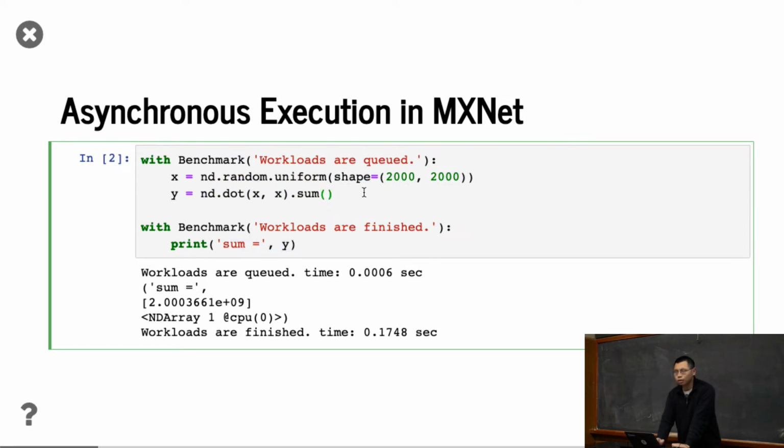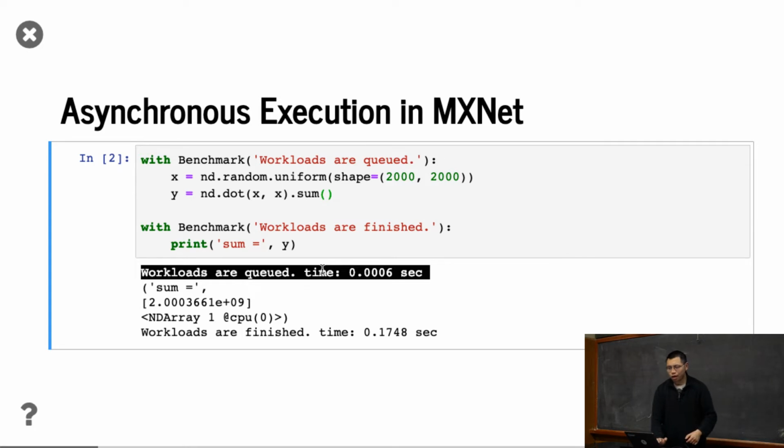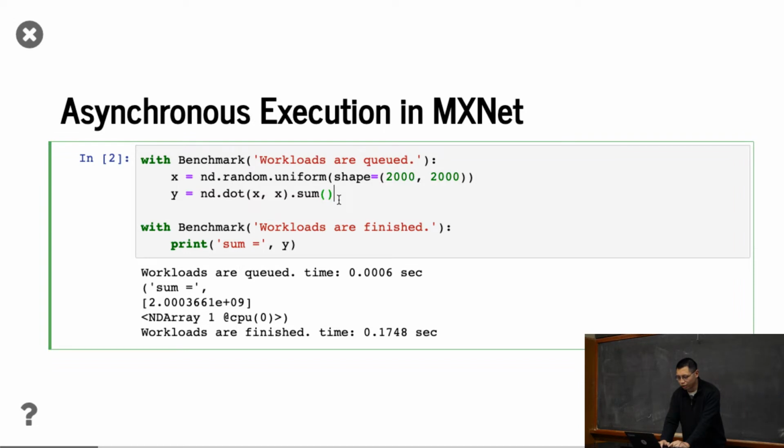We benchmark it in two parts. The first line shows how long it takes to execute the first two lines of code. It's actually pretty fast, 0.0006 seconds, which means we didn't run anything; we just dispatched the workload to the backend.